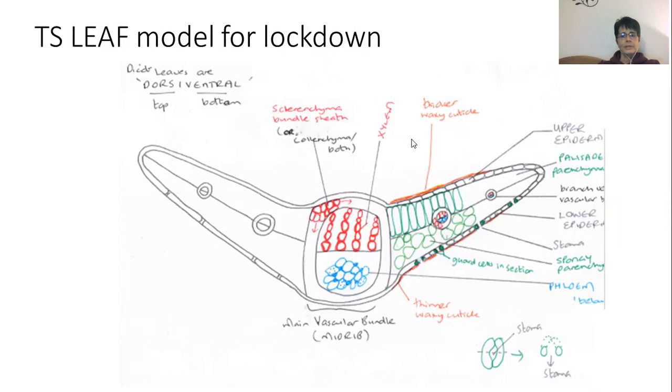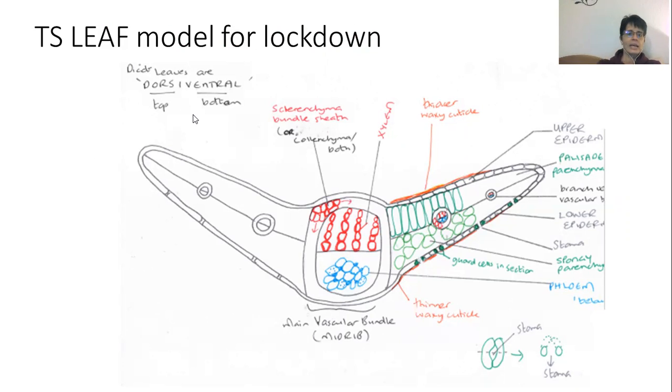Now, something that I haven't mentioned here is that leaves are dorsiventral. That is a lovely word. It explains that in dicot leaves, so leaves of roses and apple trees and dandelions, not grasses. Grass leaves are kind of the same on both sides because they stick up, or lily leaves, they're strap shaped, and what's on this side is on that side.